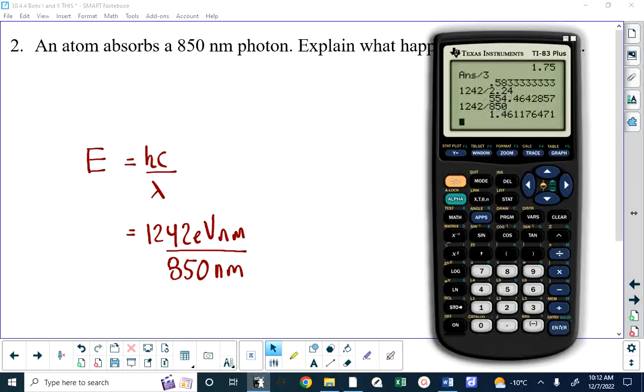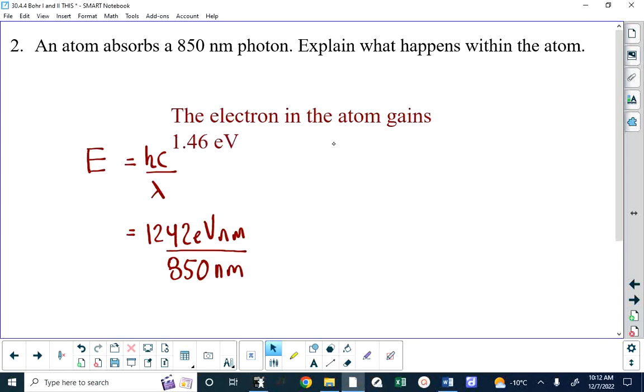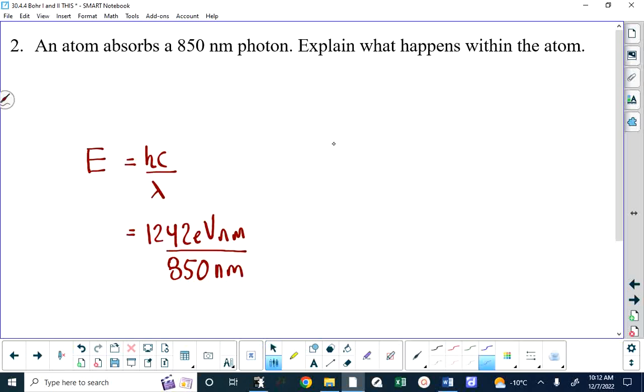Well, this photon had 1.46 eV of energy. What does this mean? It means the atom gains 1.46 eV.